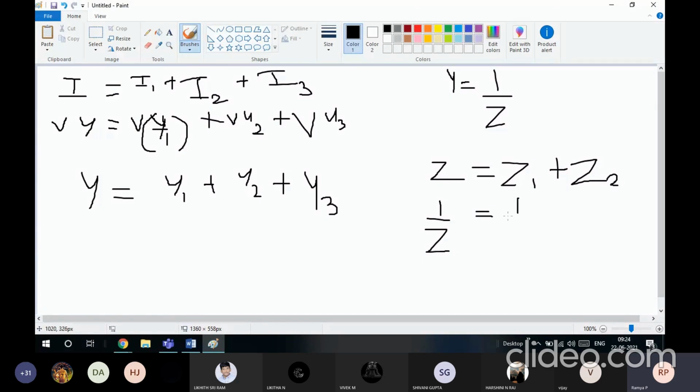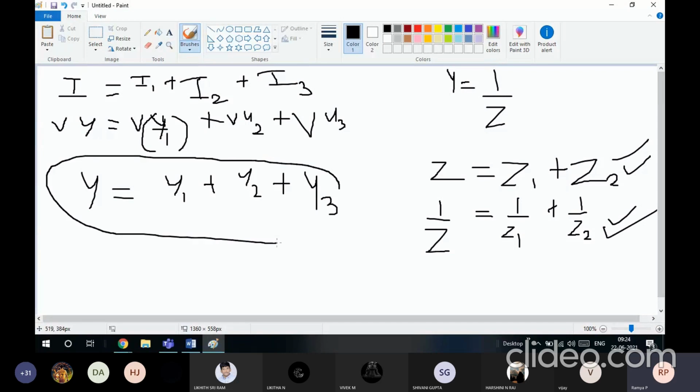So it will be 1/Z1 + 1/Z2, and so on. This is for parallel circuit impedance, and this is for series circuit impedance.